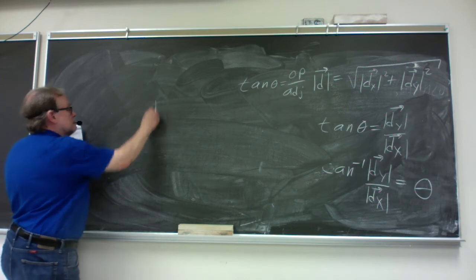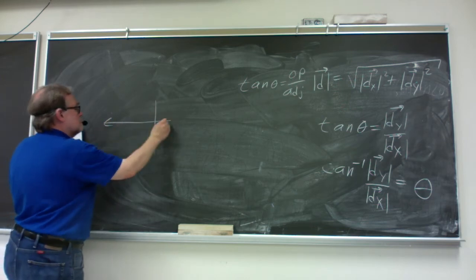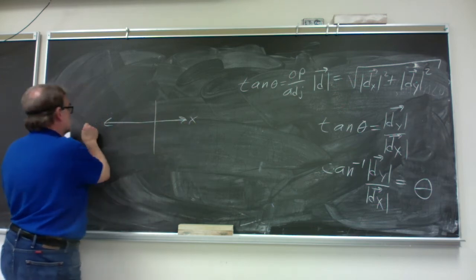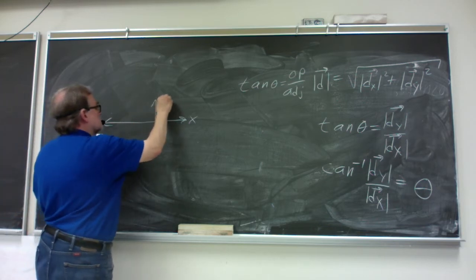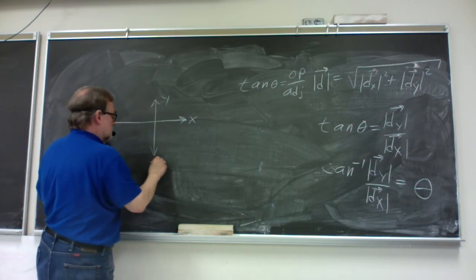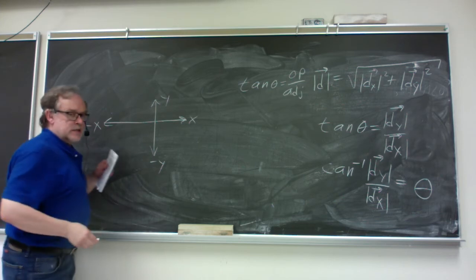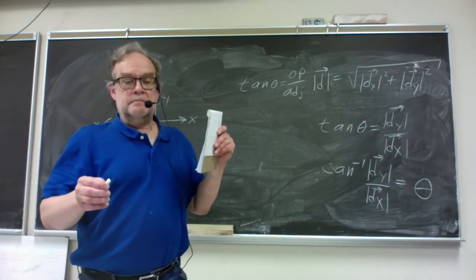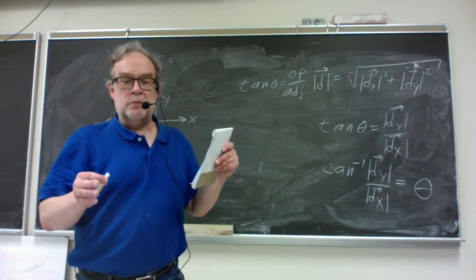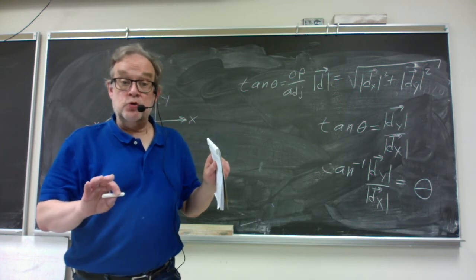So here's our coordinate system. And let's say our displacement vector is made up of two components.